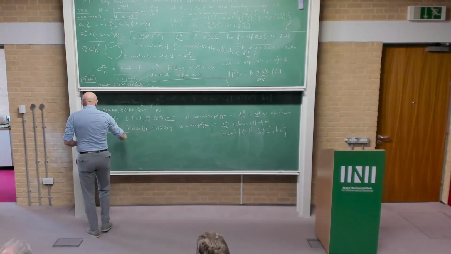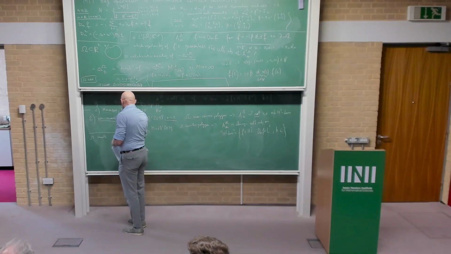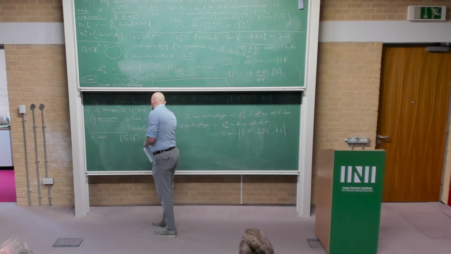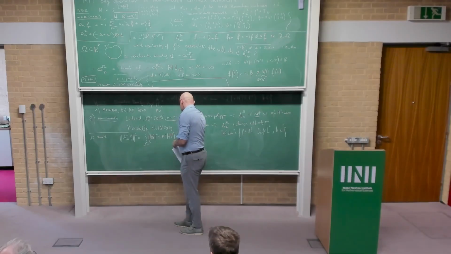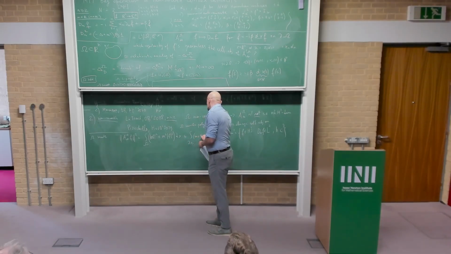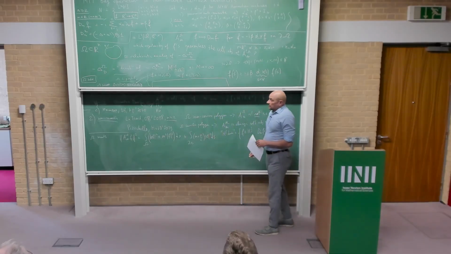If omega is smooth, there is a nice formula for the square of this operator. It looks as follows: the integral over omega of the squared norm of the gradient of f plus m squared f squared dx, plus the integral over the boundary of H times f squared ds, plus a term in H1 half.